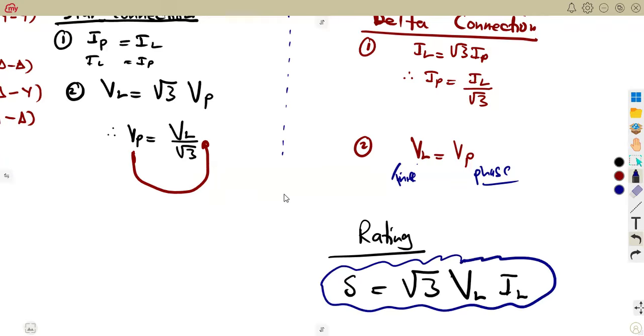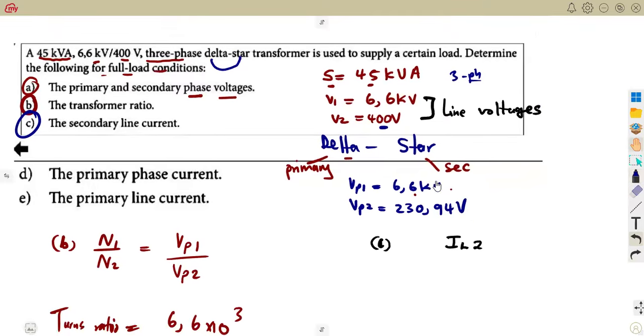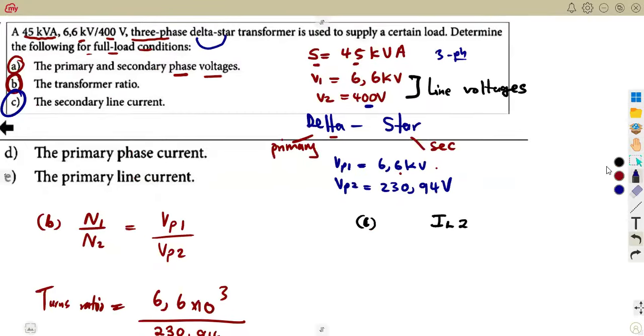It can be of the primary or of the secondary. That's the rating now. Our kVA that we used for single phase, now you have to use the square root of 3.